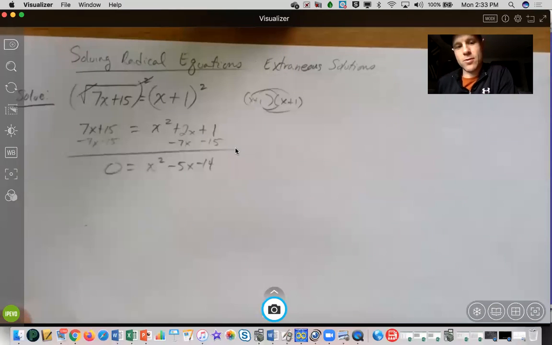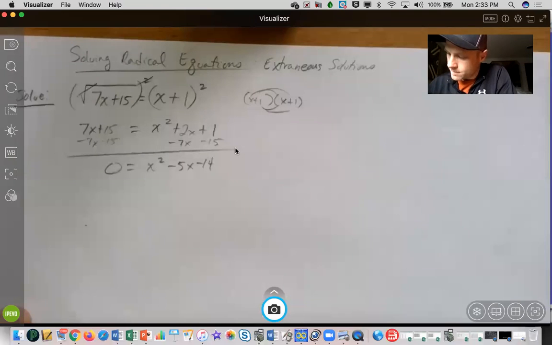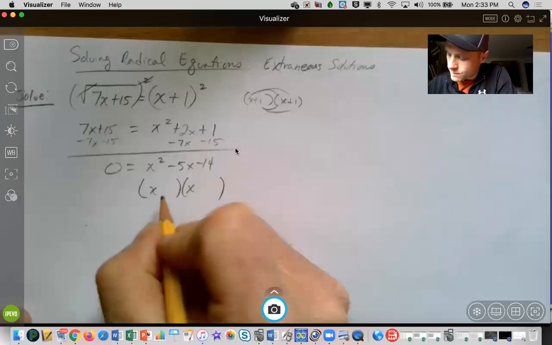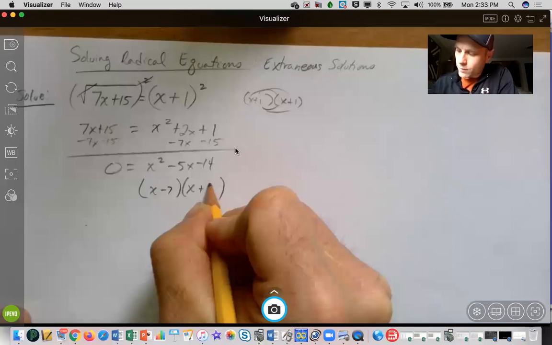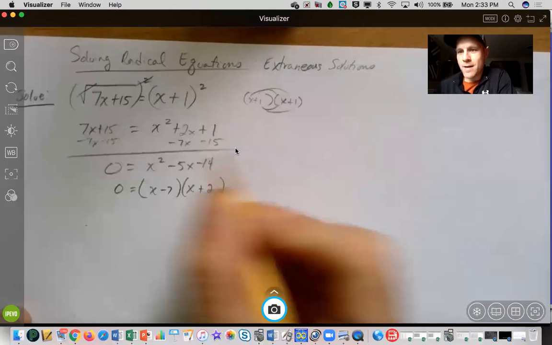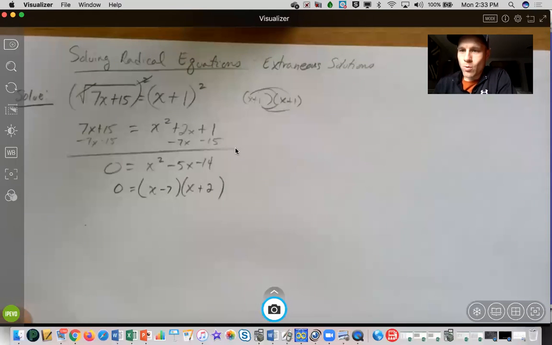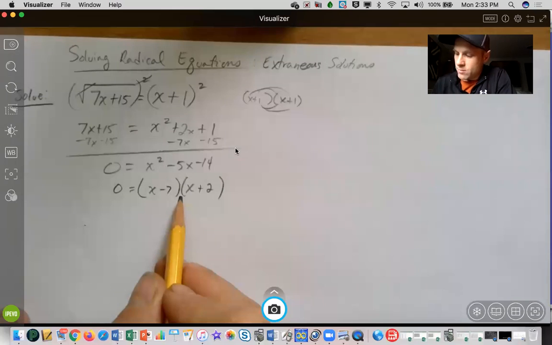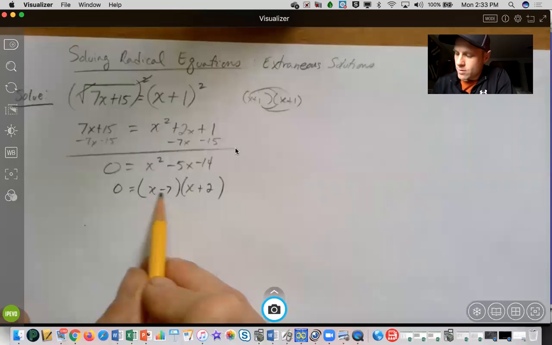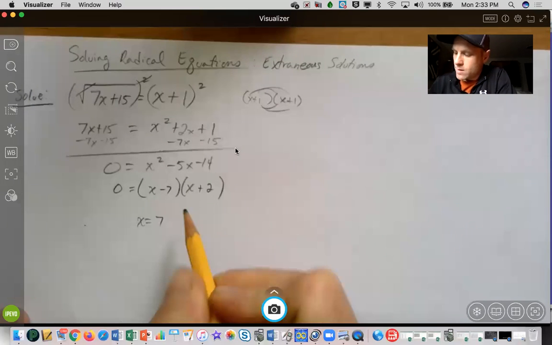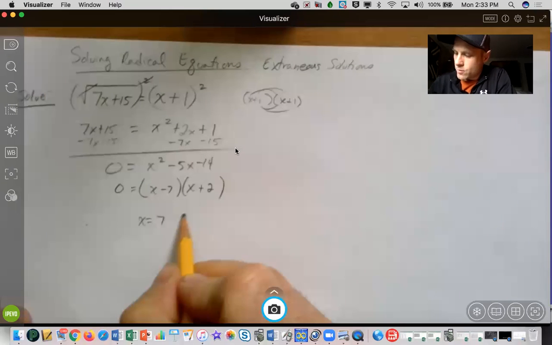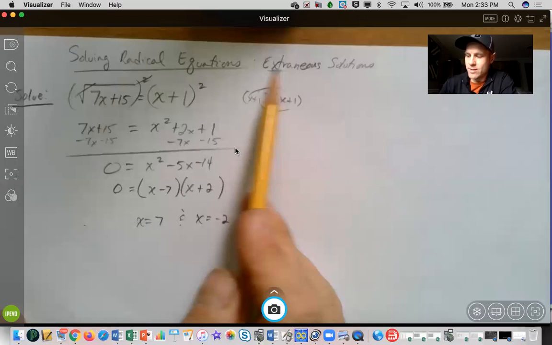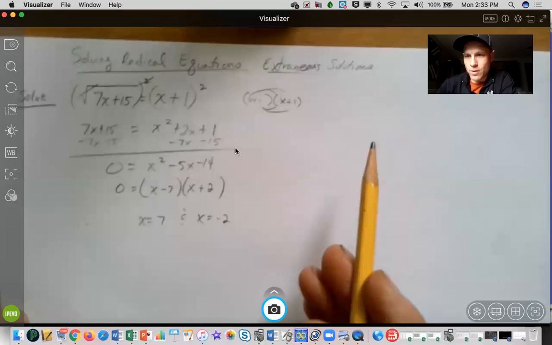Hopefully I got a pair that's going to work, and I do. Don't forget, you're using the zero product property to find the solutions. So the solutions are what make it equal to 0. So 7 would make it equal to 0, and -2.